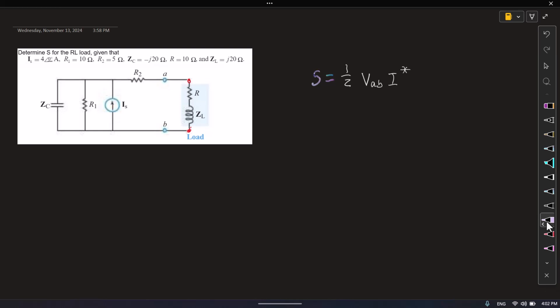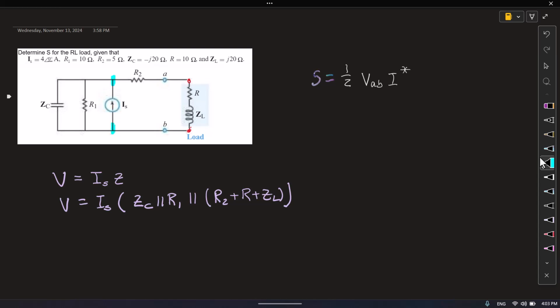Okay, so the voltage across our current source is going to be the same as the voltage across R1, is the same as the voltage across ZC, is the same as the voltage across this whole branch, because they're all in parallel.